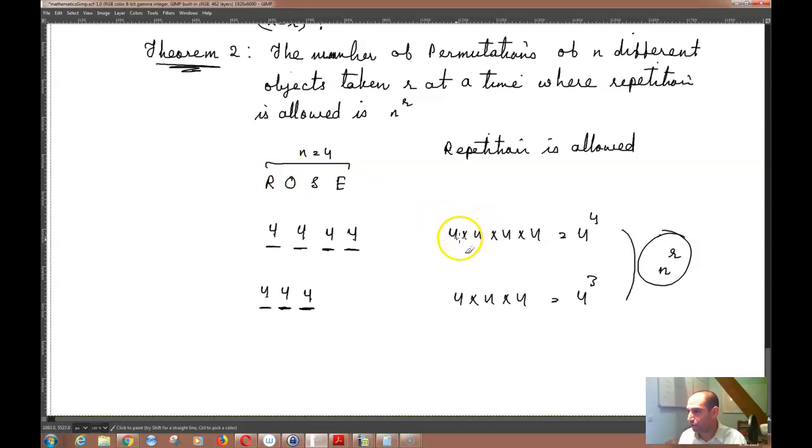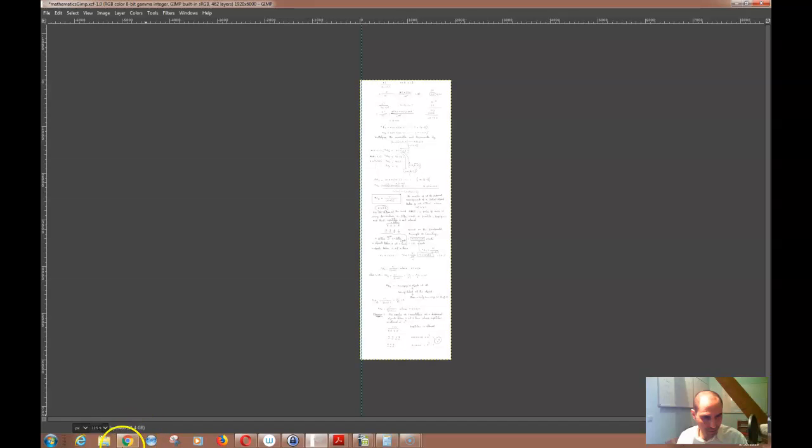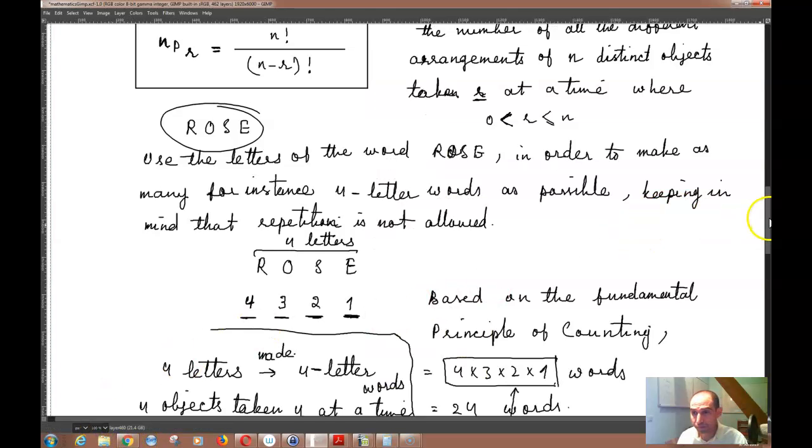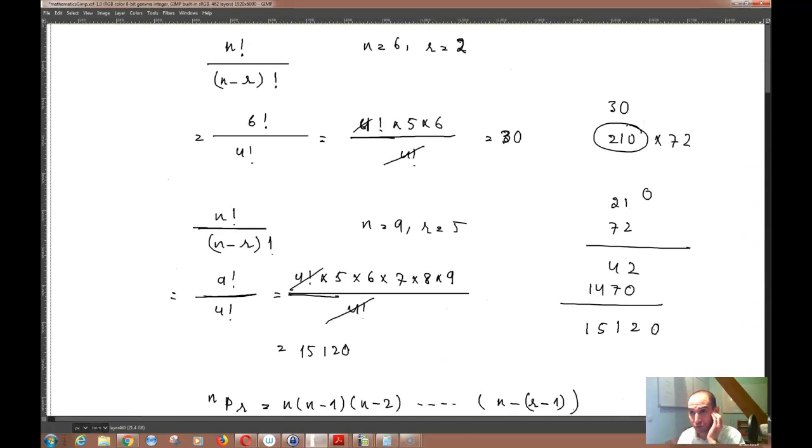So now let's use these formulas to solve the problems that we had before. Let me take a look at example number 1.